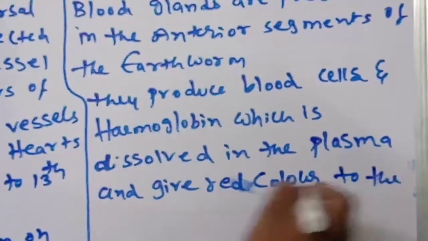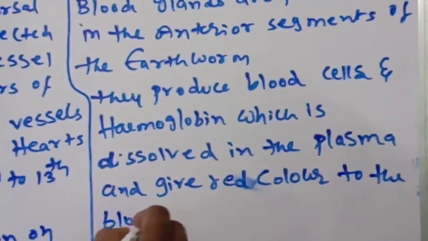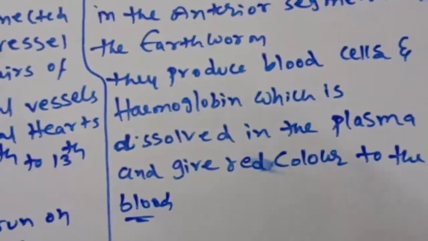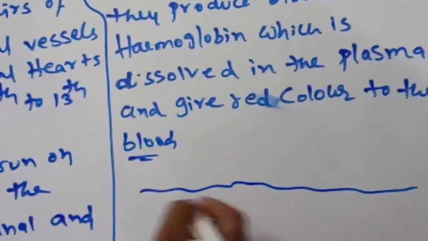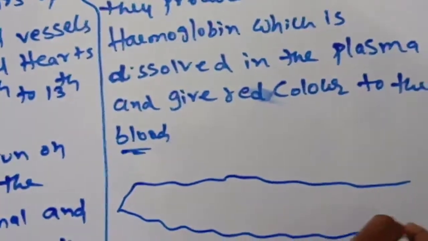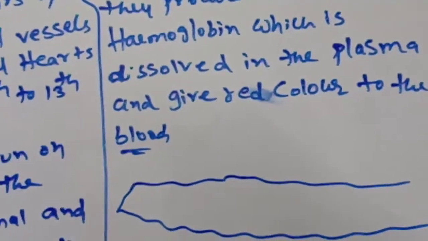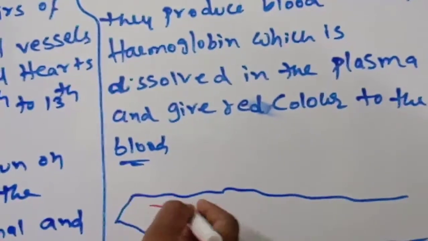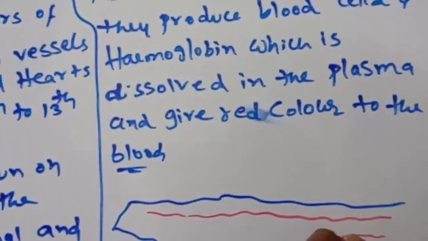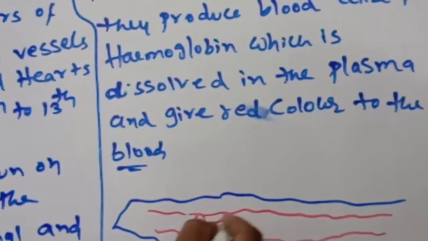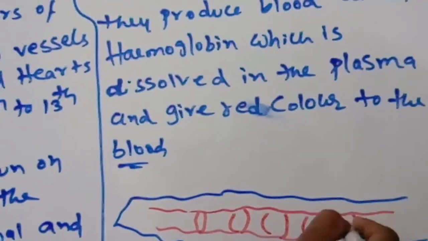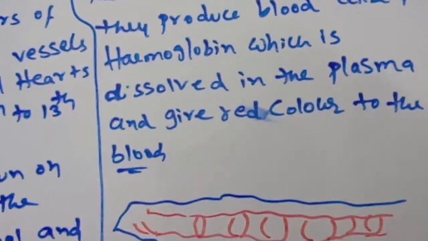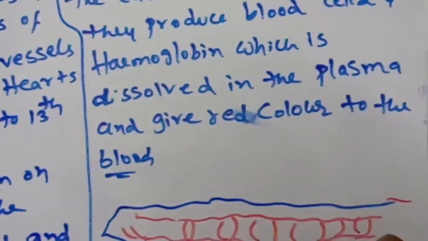Okay children, the most important thing, we have to remember like this. The earthworm is like this. Then what is there extra? Dorsal blood vessel like this, ventral blood vessel, and connecting them are the lateral hearts. Okay, like this, blood vessels are there in the earthworm.